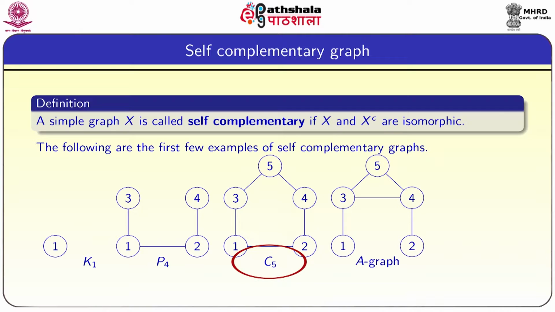Similarly, C5 is also isomorphic to its complement. There is another graph with 5 vertices isomorphic to its complement. This graph is called the A graph, it is like the shape of an A. So, all these graphs are self-complementary, that means they are isomorphic to their complements.